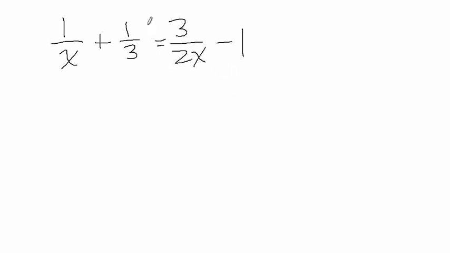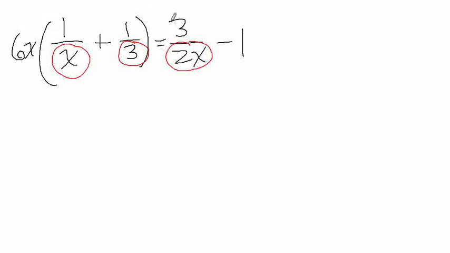Okay, so first I'm going to analyze the denominators. And so the least common denominator, well, first focusing on the numbers 2 and 3, that'll give me a 6. Then the x's will give me an x, so 6x is what I want to use. So let me multiply both sides by 6x.